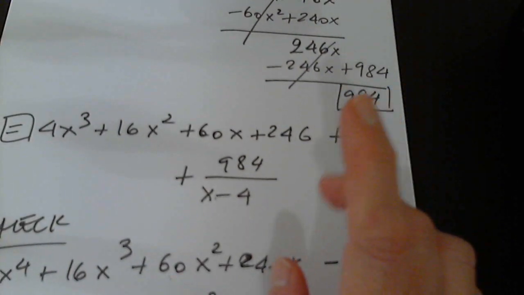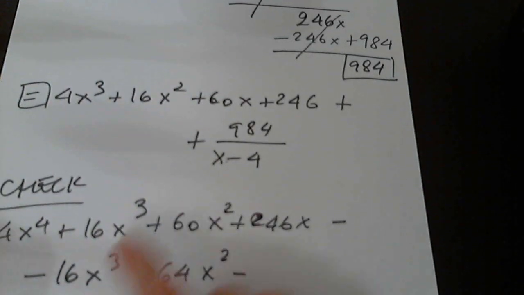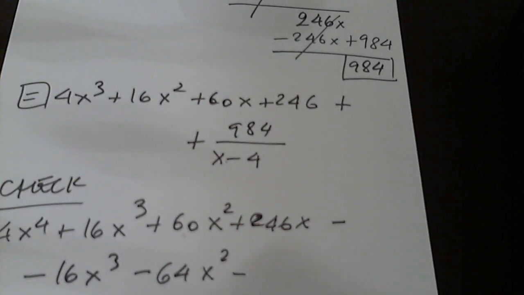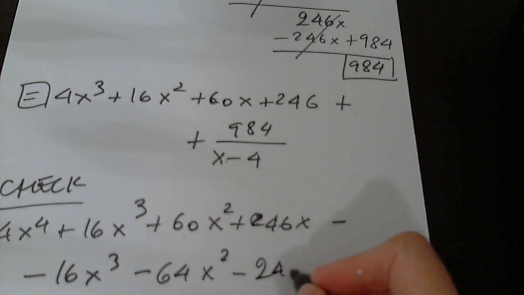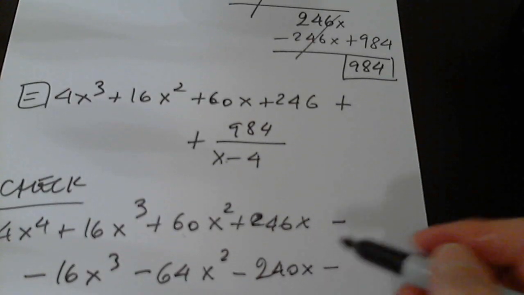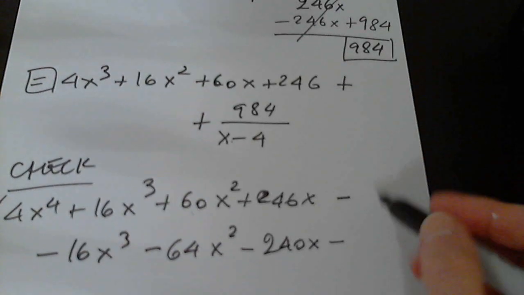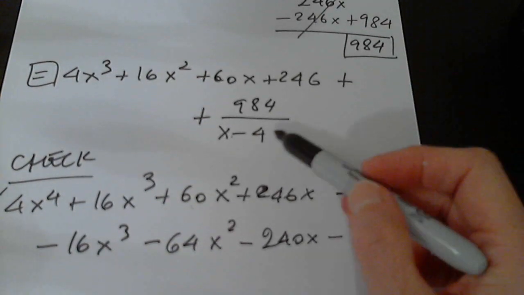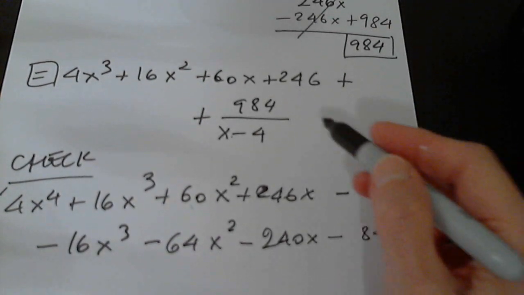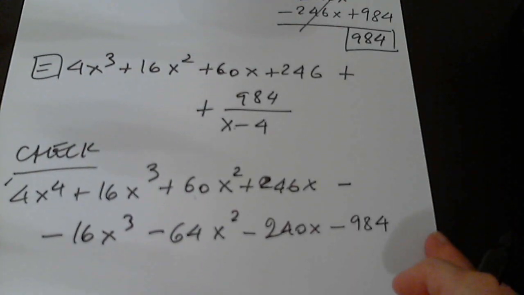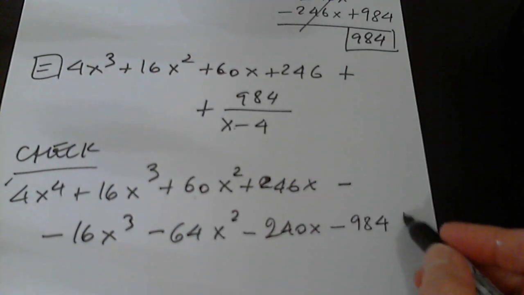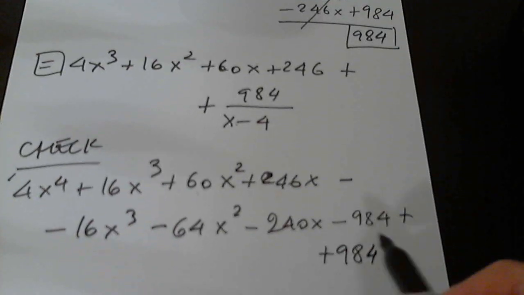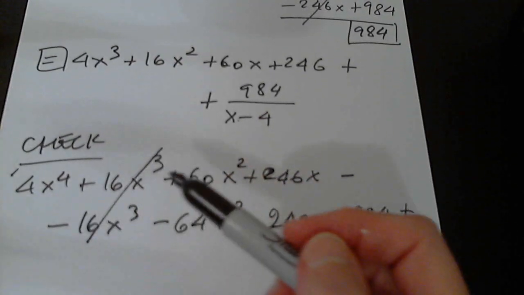What was I doing? So negative 16x cubed, negative 64x squared, negative 240x, and minus, okay, and then plus 984. These two are gone.